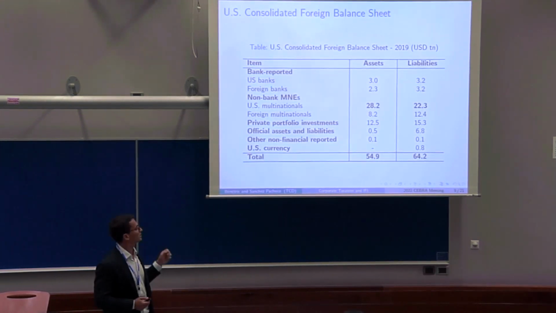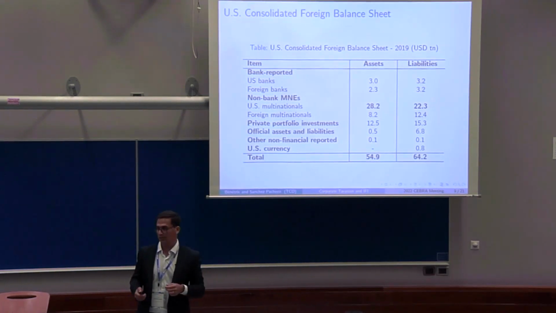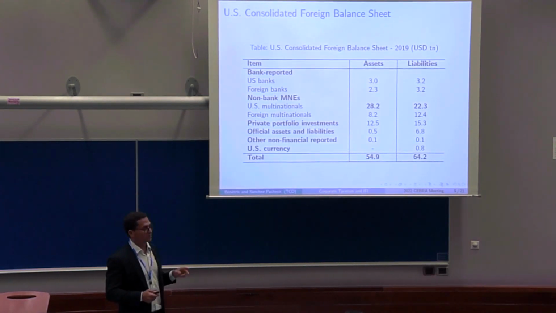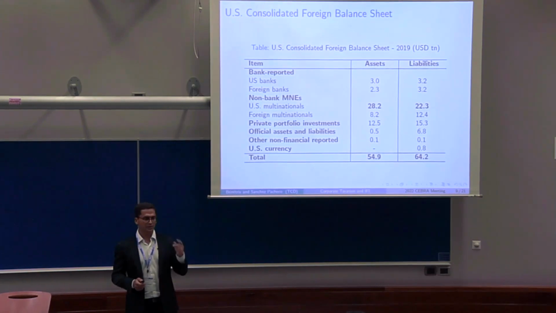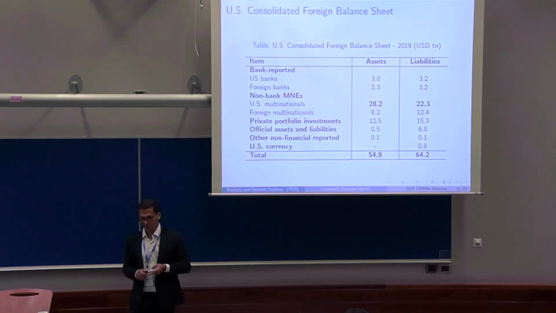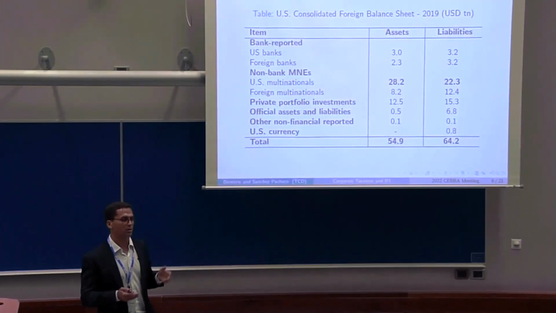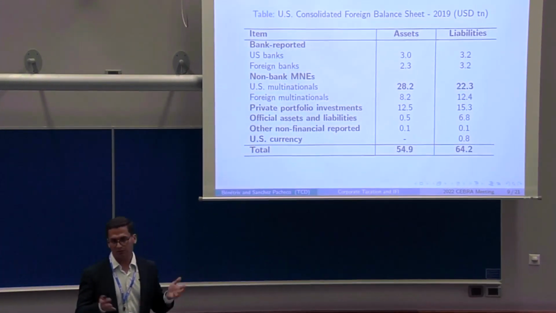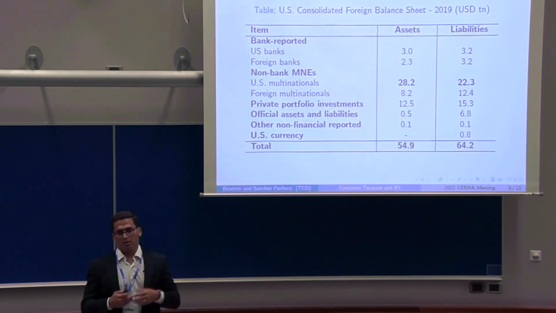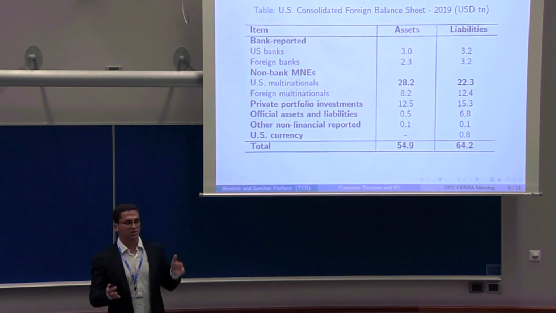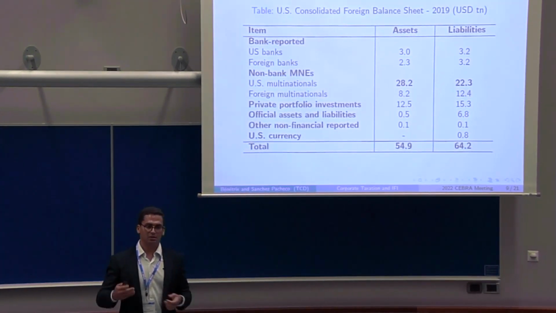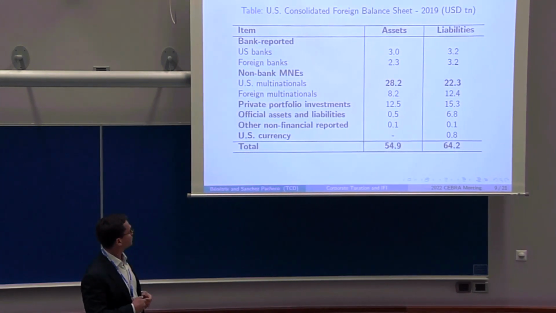Here's the US consolidated foreign balance sheet for one single year, which is the last one in our sample, 2019, shown in trillions of dollars. What I want you to focus on is two things. First, instead of having FDI as you would have on a conventional residence-based IIP or foreign balance sheet, FDI is replaced by the positions of US multinationals and of foreign multinationals.